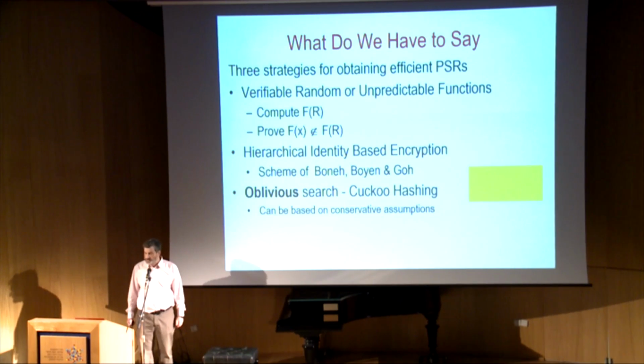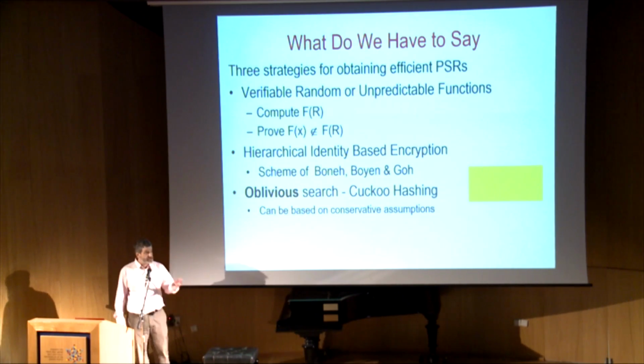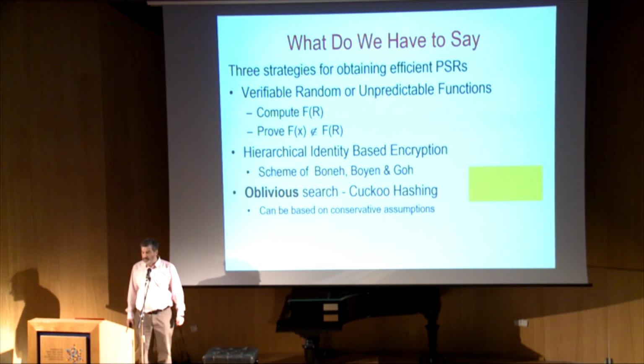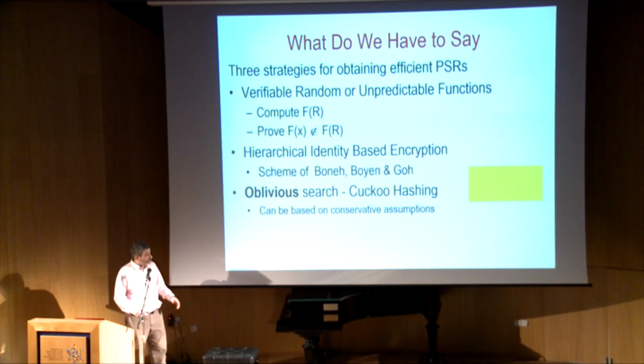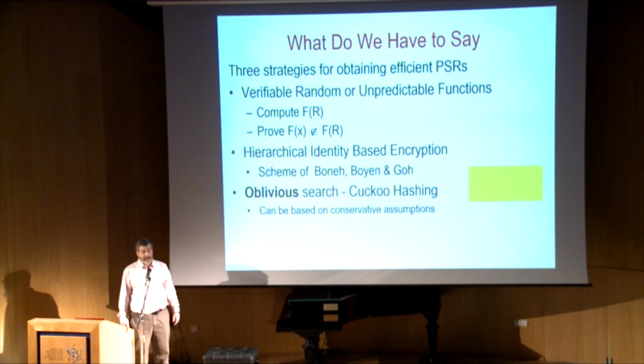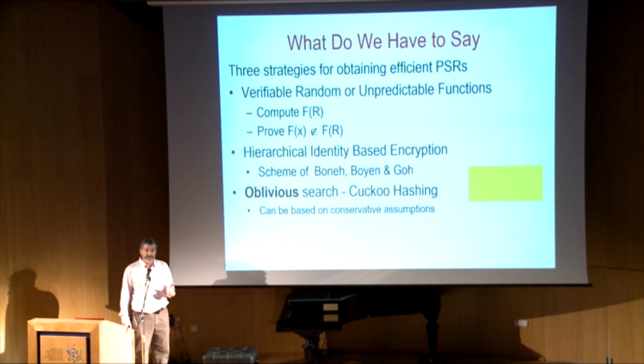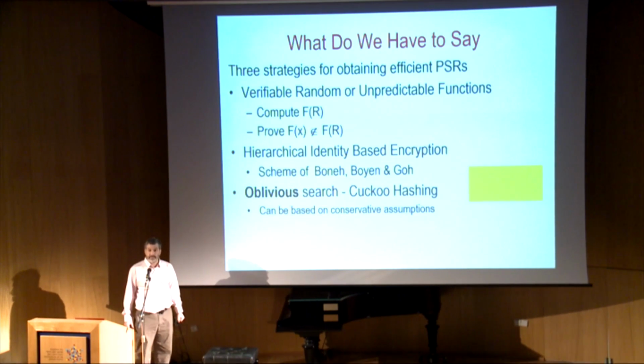We have three strategies for obtaining efficient PSRs. One is based on verifiable random or unpredictable functions, and you can view it as the closest in nature to NSEC3. What you do, instead of H of X that we had in NSEC3, is compute F of X, where F is a function that only the secondary knows how to compute, but the resolver can verify.